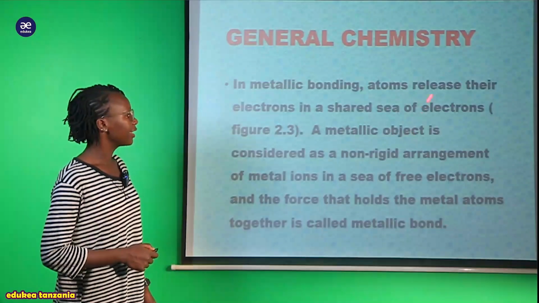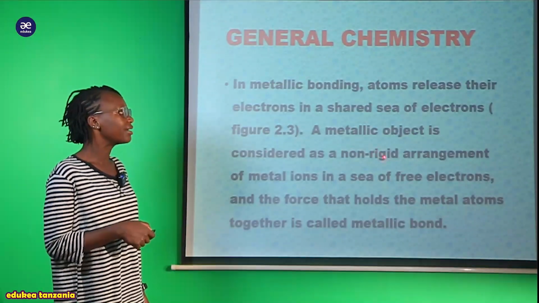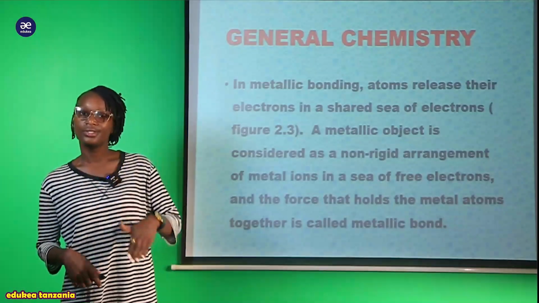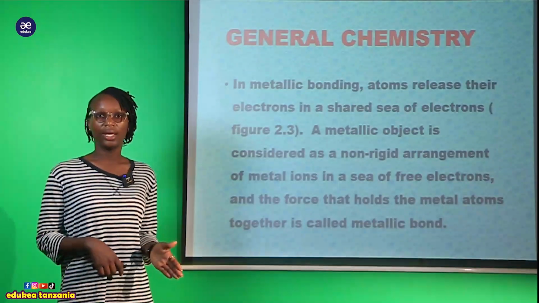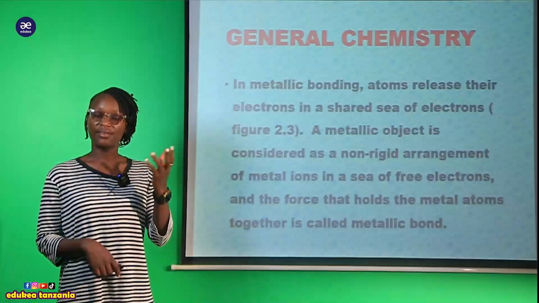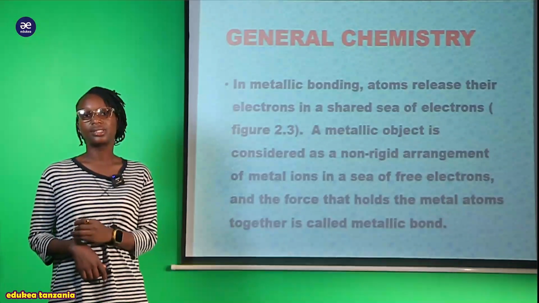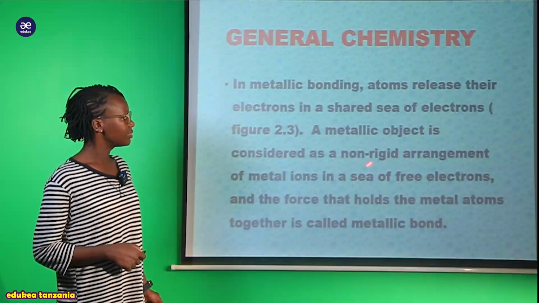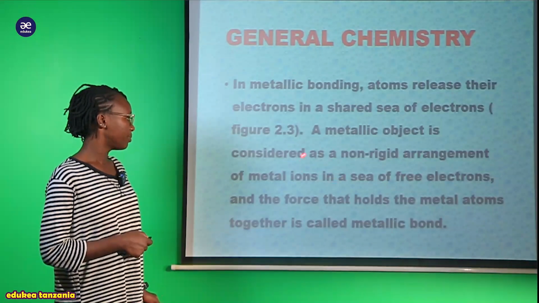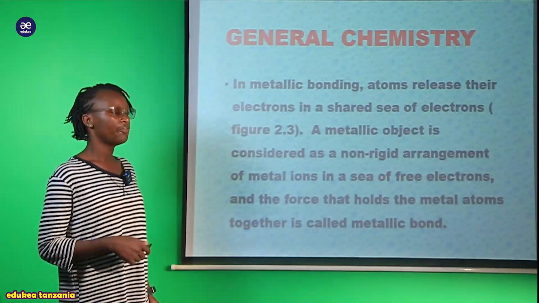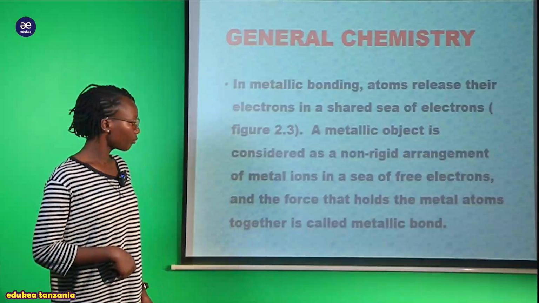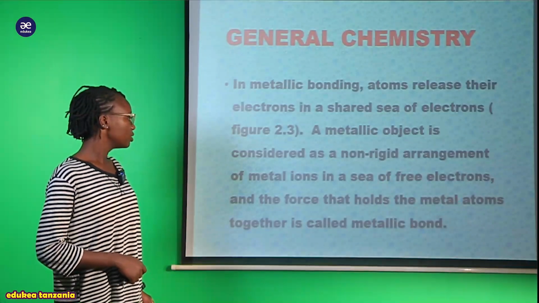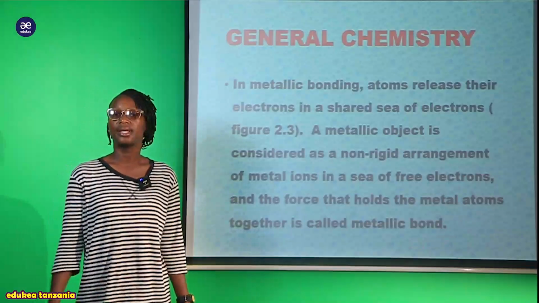That's why it says a metallic object is considered as non-rigid. It means it is not fixed; it can change, can be modified, can be stretched, and so forth. We will see this in the characteristics. So it is considered a non-rigid arrangement of metal ions in a sea of free electrons. And the force that holds the metal atoms together is called the metallic bond.